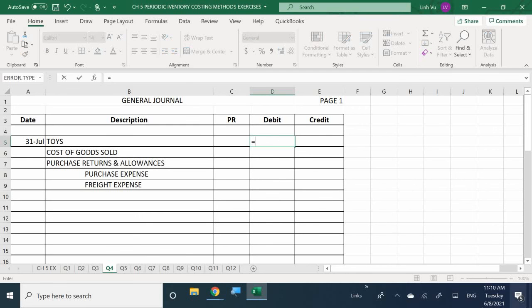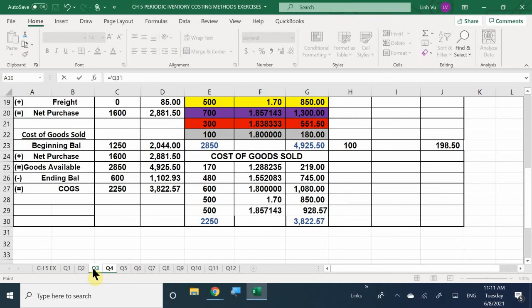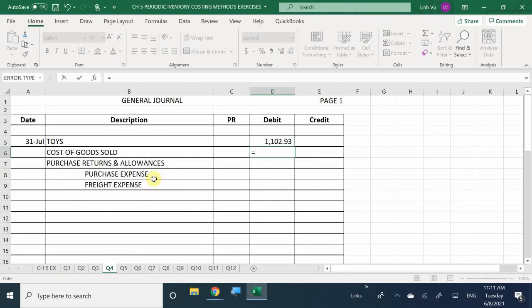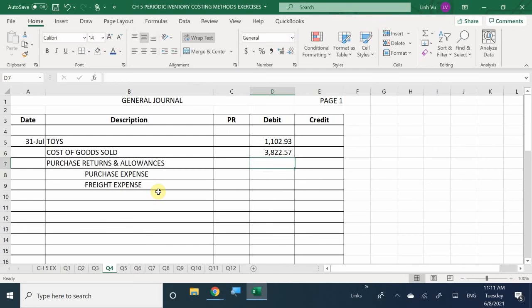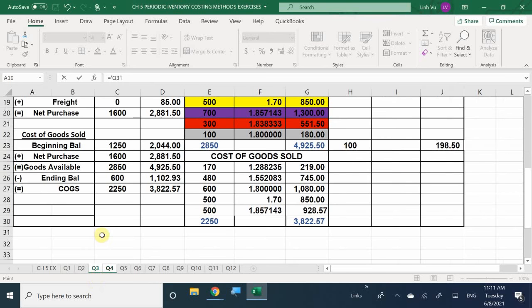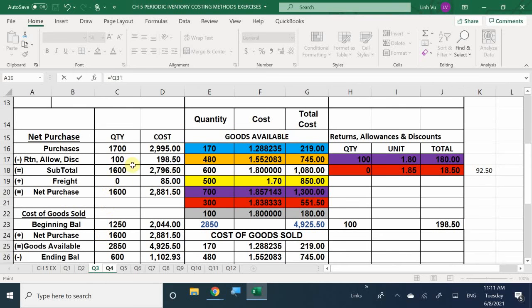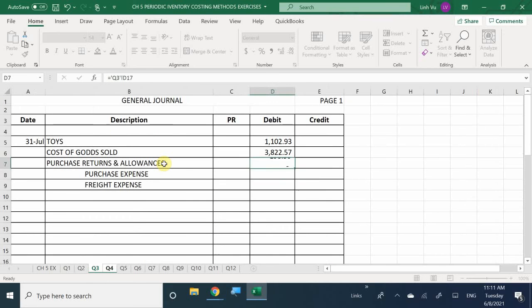So, ending balance in our toys. What was it? 1102.93. 1102.93. What was the total cost of my goods sold? 3822.57. Okay. What was my total purchase returns and allowances? 198.50. Okay.